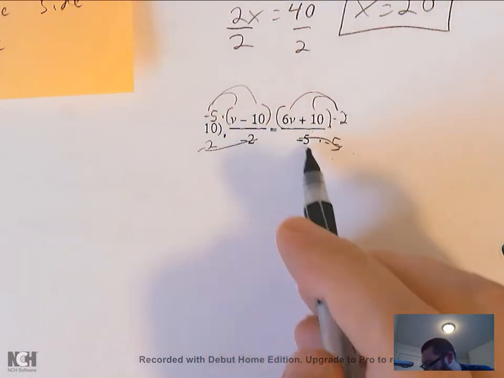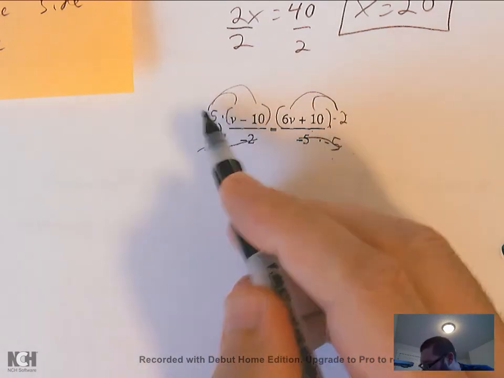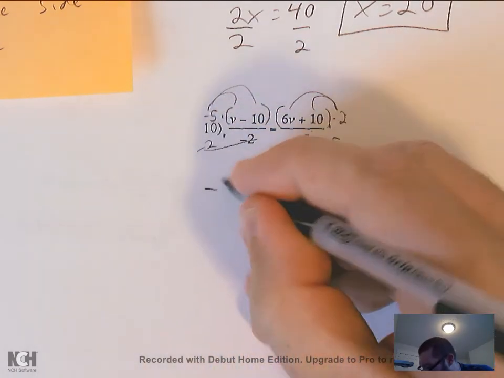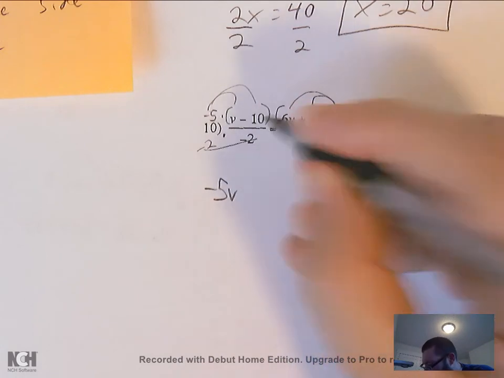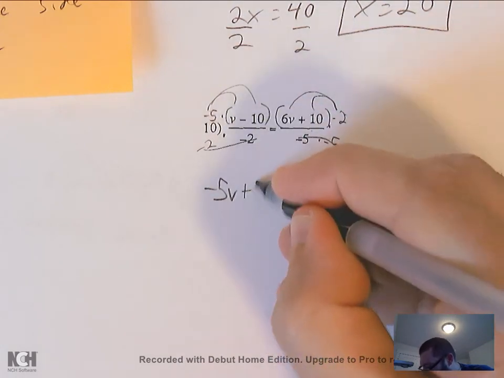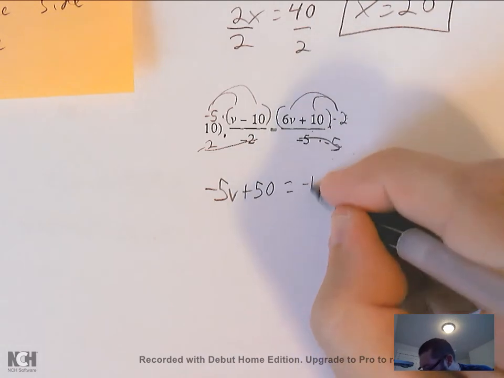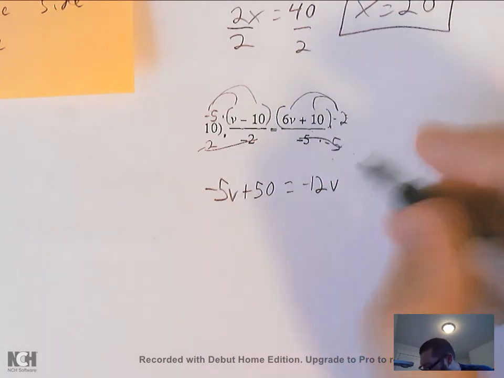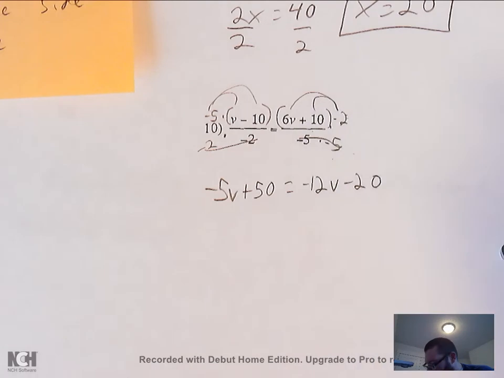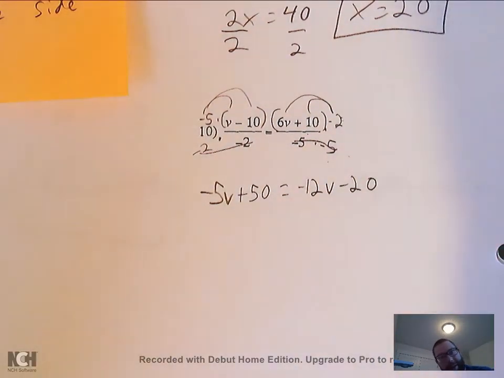So this side you're multiplying by -5, right? So -5 times v is -5v. -5 times -10 is +50. Equals negative 2 times 6 is negative 12v, and negative 2 times 10 is negative 20. And that is much simpler, right? Now we just solve our multi-step equation.